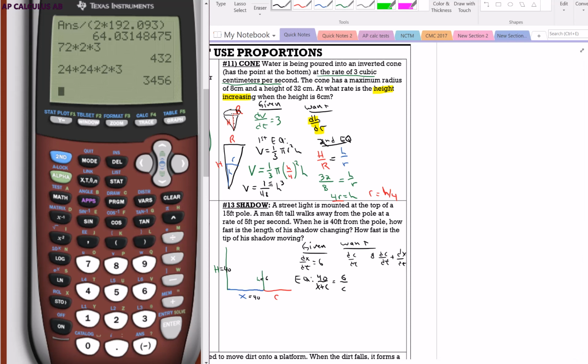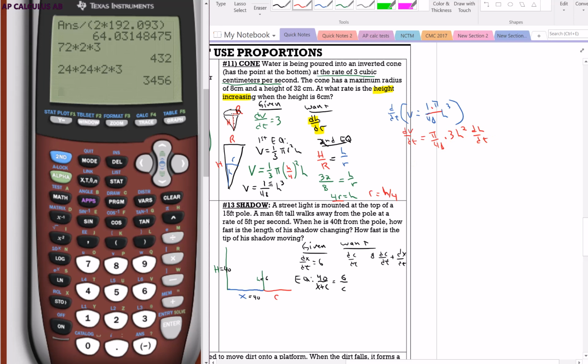Okay, so let's go over to the right hand side and take the derivative with respect to t of our new volume equation. We're going to get dV dt equals pi over 48, which is just a constant, times 3h squared dH dt.